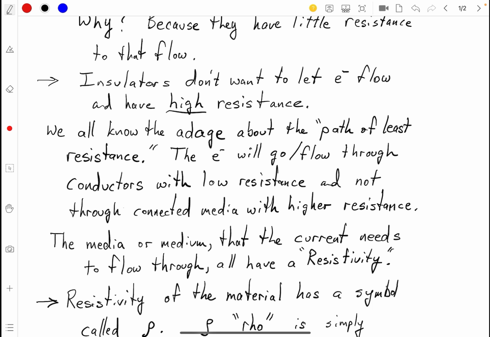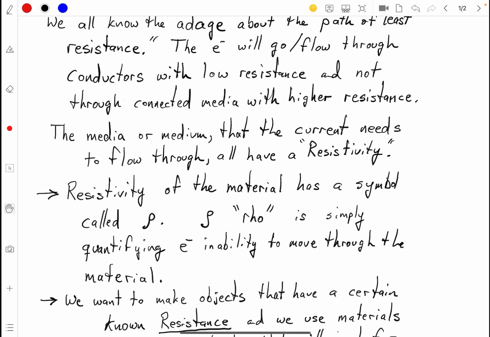We're going to leave that out for now. We all know the adage about the path of least resistance: the electrons are going to want to flow through conductors versus the higher resistance insulators. That makes intuitive sense.